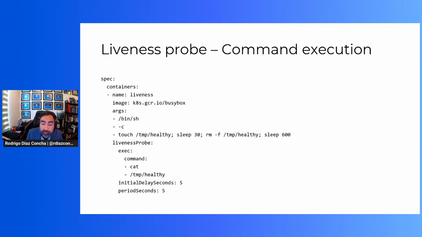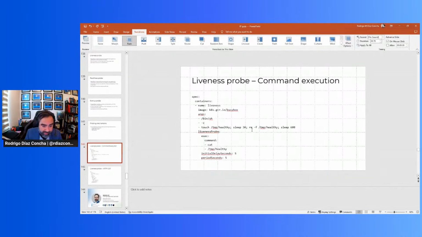So this is going on in this demo by using the command execution. It's doing this after 5 seconds, and then it's doing this every 5 seconds. As you can see, there are a lot of things happening. However, it comes in handy and it's quite interesting.